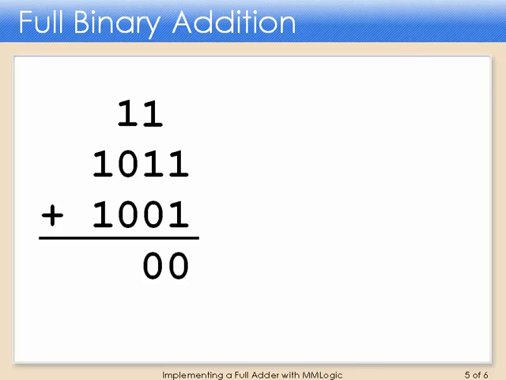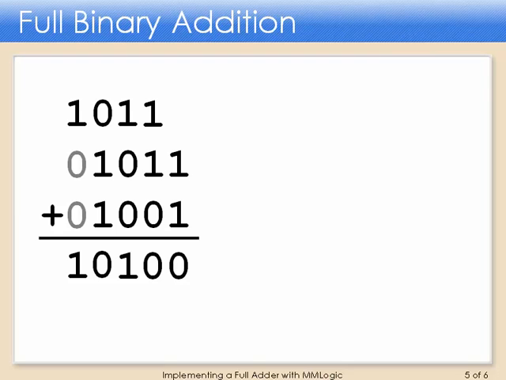That 1 plus the 2 zeros in the rows below it add up to 1. And then in the fourth column, we're carrying a 0, and then 1 and 1 add together is 0, and again we have a carry, and adding that to the fifth column, we have the number 10100.